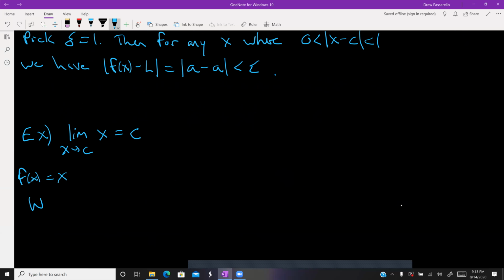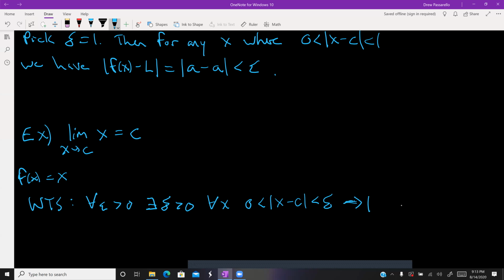So we wish to show for all epsilon, there exists a delta such that for all x, 0 less than the absolute value of x minus c less than delta implies the absolute value of f of x minus L is less than epsilon.